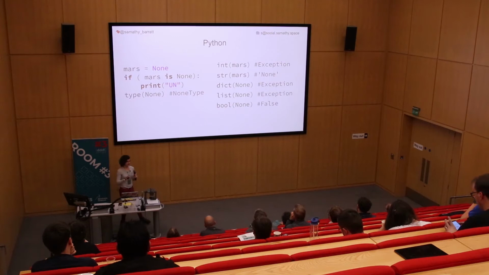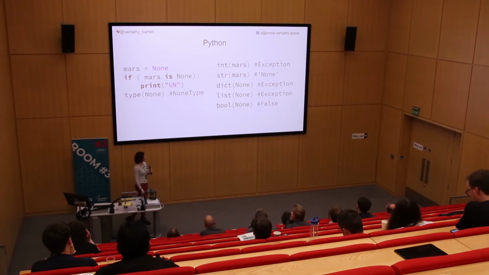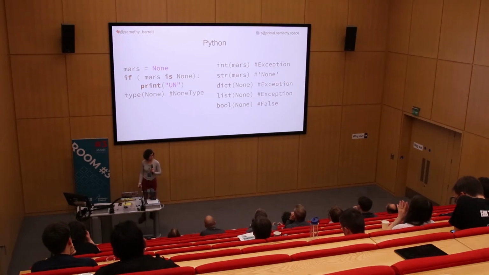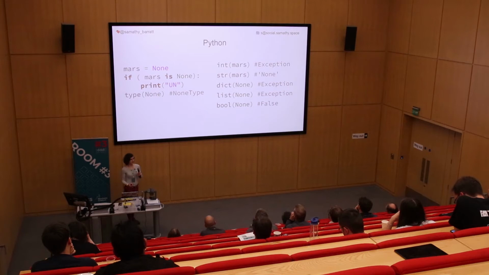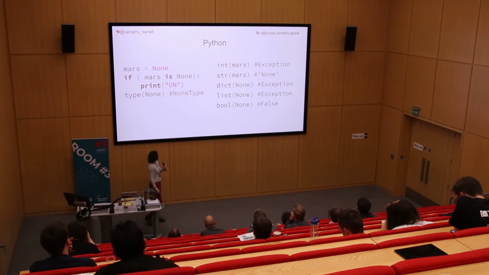Casting it to a string sort of makes sense. Like if it just returned the empty string, I feel like that would make a bit more sense. But casting it to a string that contains the word None probably doesn't cause that much harm, and if it does, then you've probably got some problems going on in your program. Casting it to dictionaries, which are key value types, doesn't make sense, because what would you do?